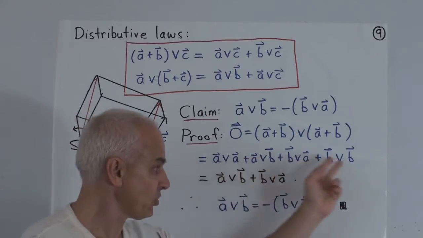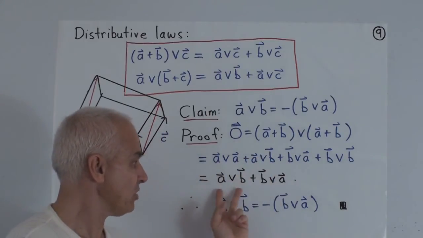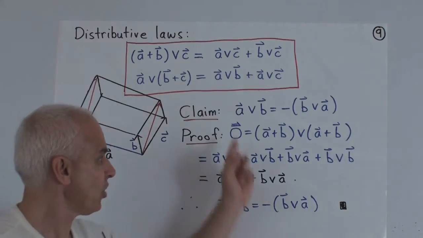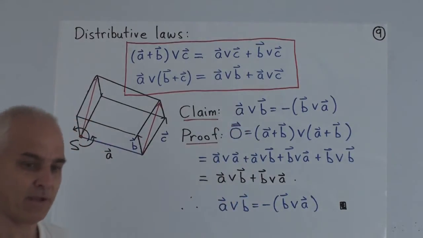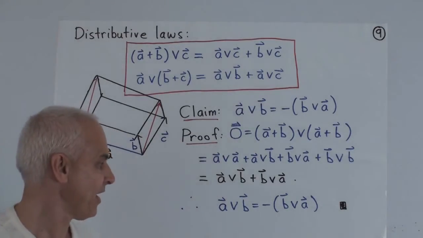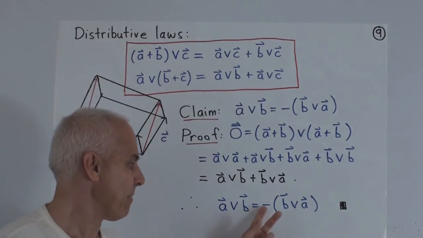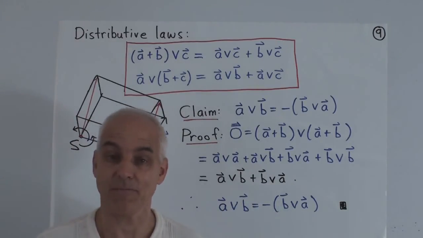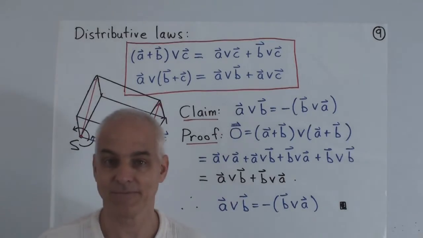So there are really only 2 terms in this, namely the A wedge B and the B wedge A. And together those 2 terms are supposed to add up to 0. And if 2 things add up to 0, then one is the negative of the other. So telling us that A wedge B is minus B wedge A. That's an important property of the bivector product.